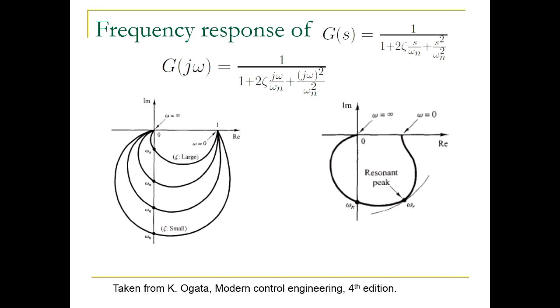A smaller zeta would mean that this frequency response would go further away. The magnitude will have larger values. Now, how can we relate this fact to the resonance phenomenon?